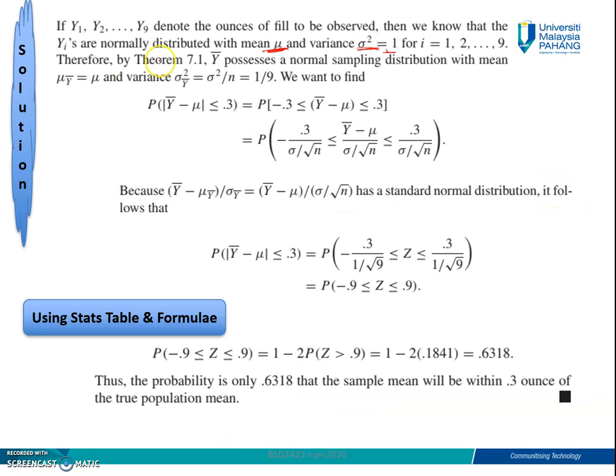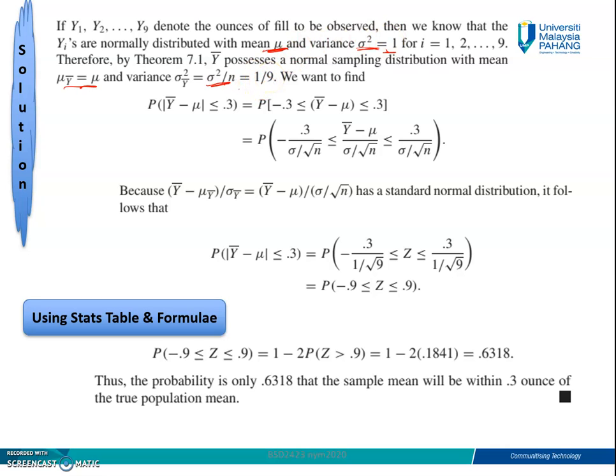So by Theorem 7.1, from the previous slide, y bar also possesses a normal sampling distribution. The mean is mu, and the variance will be sigma square over n, which when you substitute the value will be 1 over n.